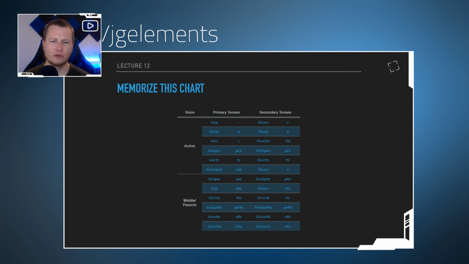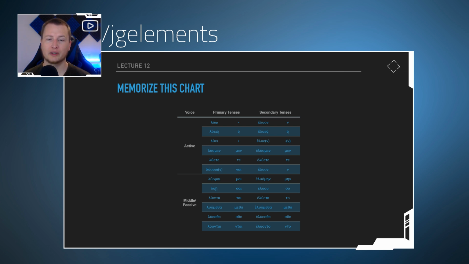One thing I didn't mention before, in the third person singular imperfect active indicative, it's E-L-E-N. Why is it epsilon instead of omicron? To be honest, I don't know. I'm sure there's an answer out there. Just memorize it. Okay, that's how you know it's different.